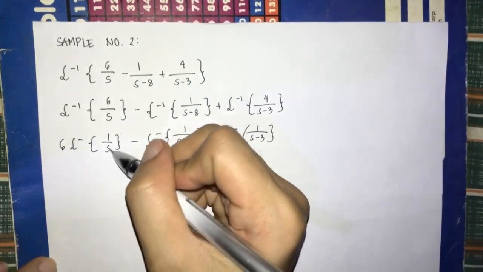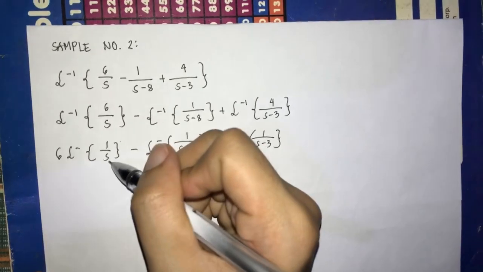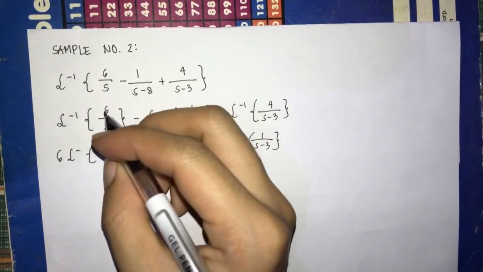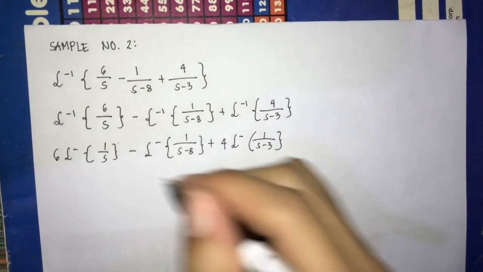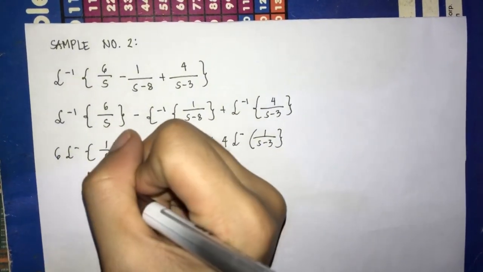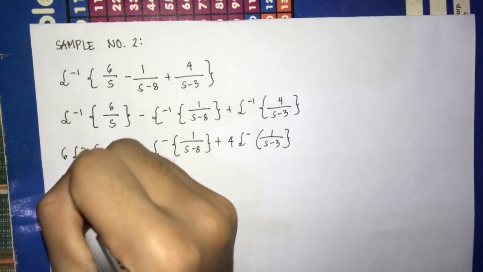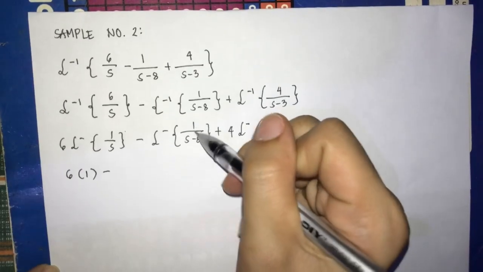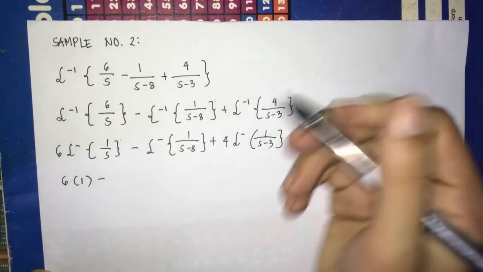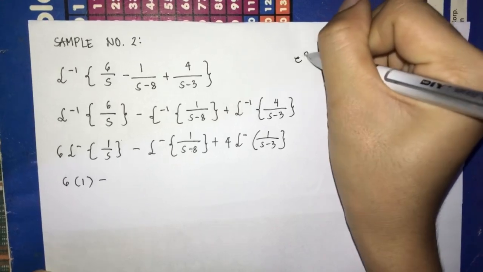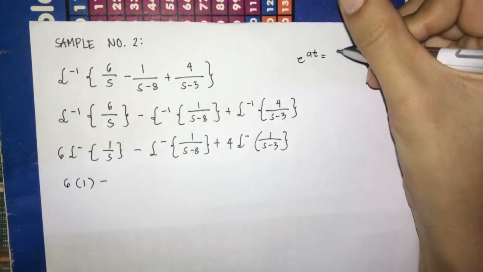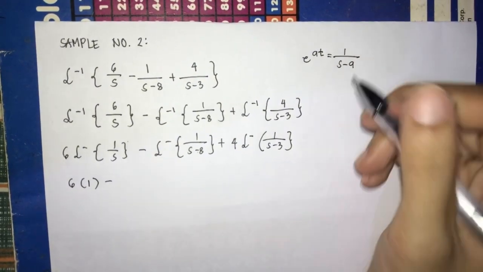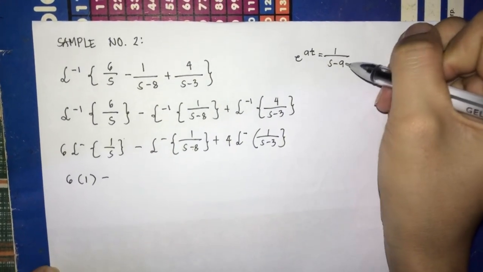We don't have a problem on this since the inverse Laplace of 1 over s is simply 1. So 6 times 1, minus the inverse Laplace of 1 over s minus 8. We can recall that the inverse Laplace of 1 over s minus a is e raised to at, wherein our a here is 8.